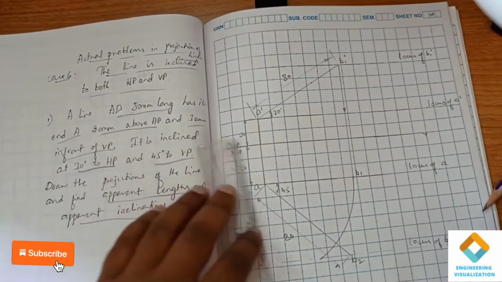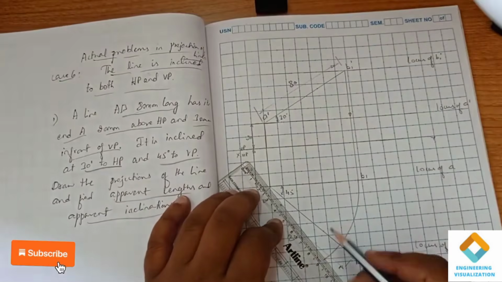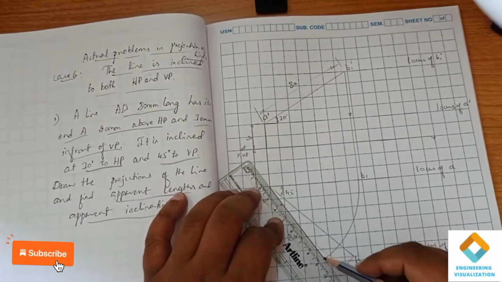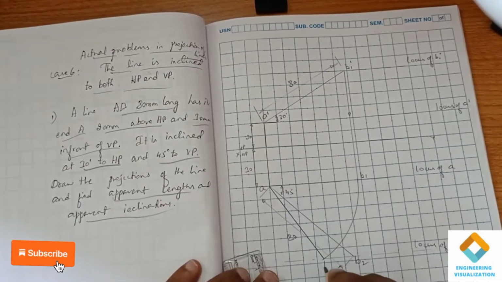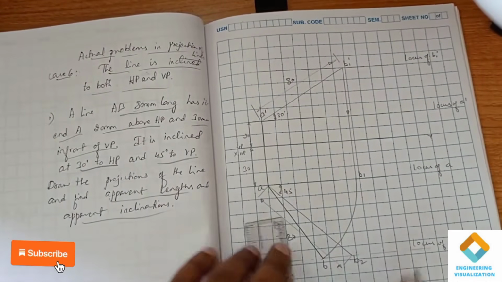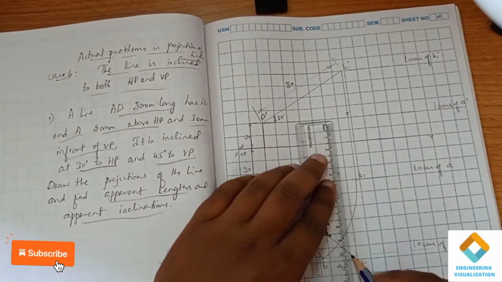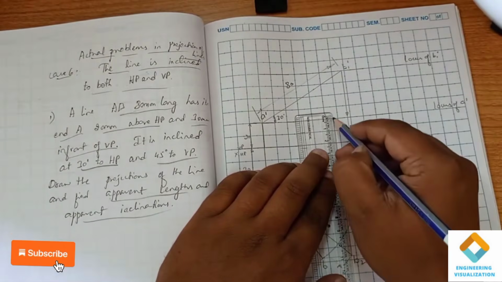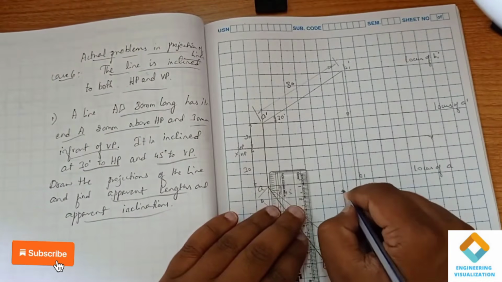Where the arc has been cut, we join from here to here. So this is AB. The same way from B2 vertically upward till the locus of A dash, I will draw a straight line.